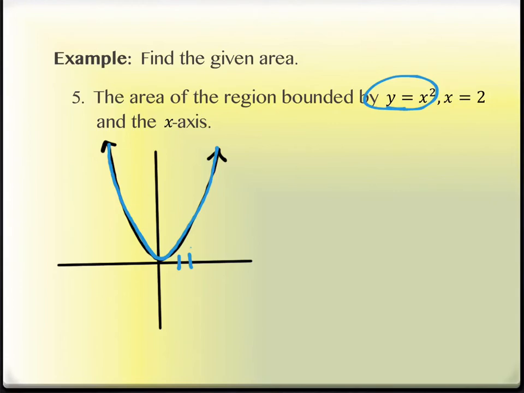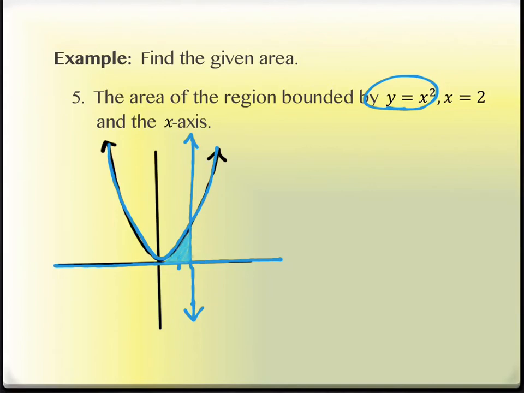Vertical. So here's my line at x equals 2. And then it says the x-axis, so I'm going to highlight the x-axis as well in blue. And what it needs is the trapped area. My graph isn't perfect, but do you see where the trapped area is? It's right in here.